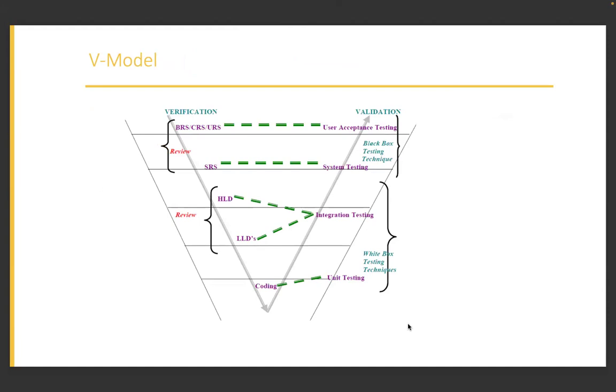The verification and validation model is something you can consider: as a QA, you will be involved in the project from the start. Okay, so what all things we do is we try to create some documentation. It may happen that you create a lot of documentation, such as low level design, high level design, and even the software requirements.